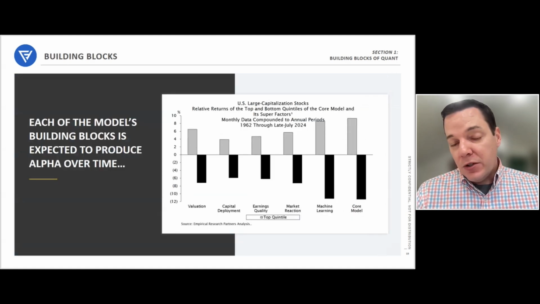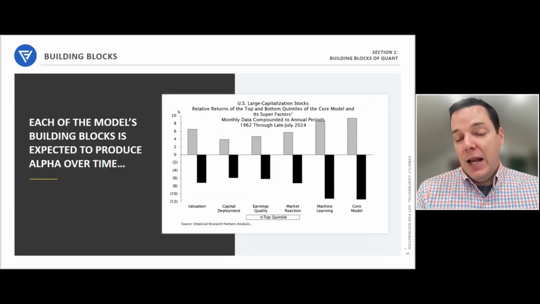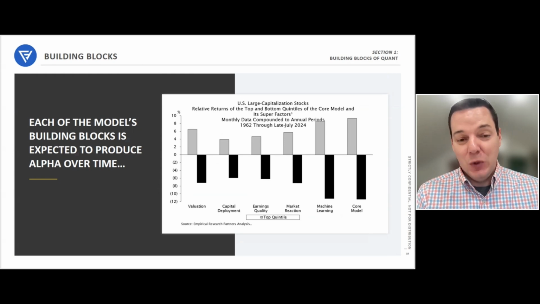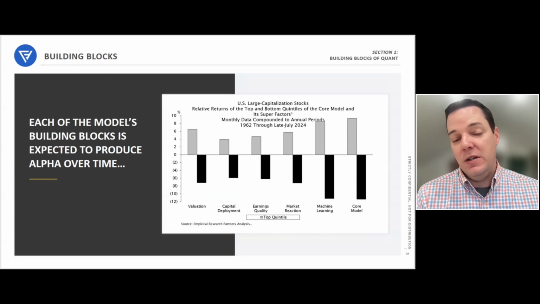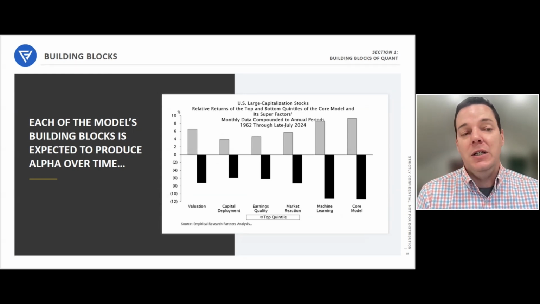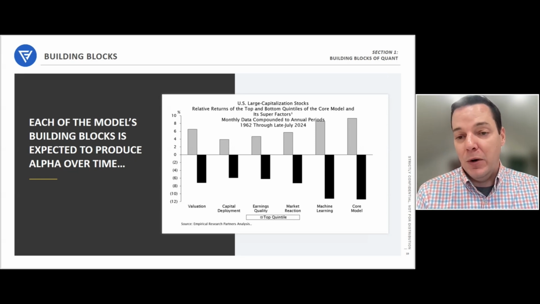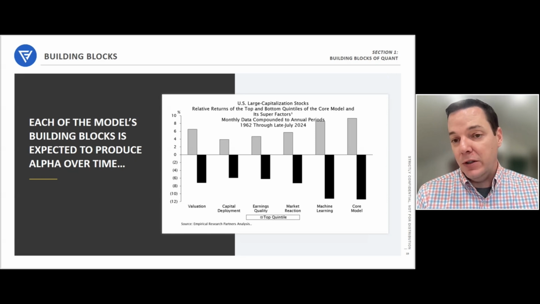And so when you're constructing these models, again, we want to make sure that everything adds value. Otherwise, it doesn't really have a place in the tool. So this is the super factor performance of our models. And you can see valuation adds value, capital deployment adds value, earnings quality, market reaction. But because we do have different expectations depending on where we are in the market environment, we don't expect all of these super factors to be firing on all cylinders at once.